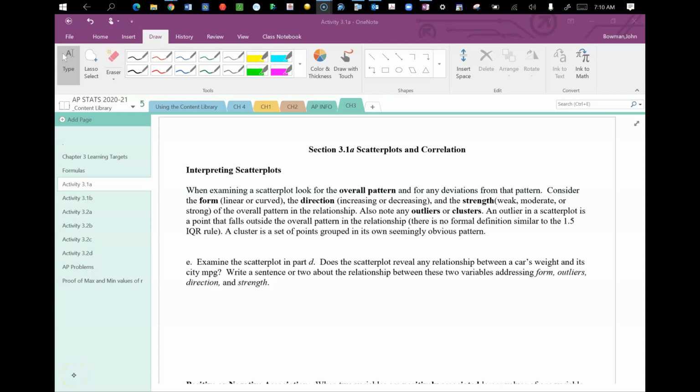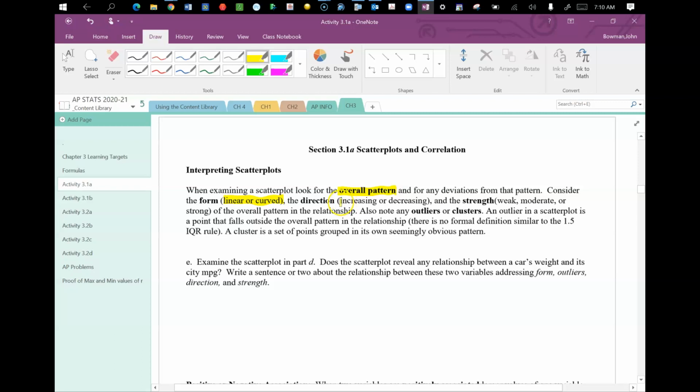So the next thing we want to talk about is interpreting the scatter plots, or describing the associations between two quantitative variables. So we should do things like describe the overall pattern. Is it linear or curved? What's the direction of the association?